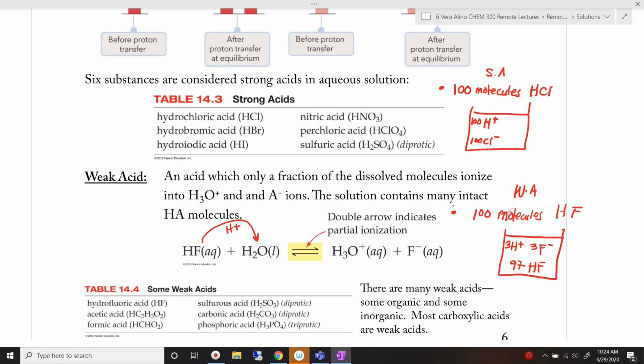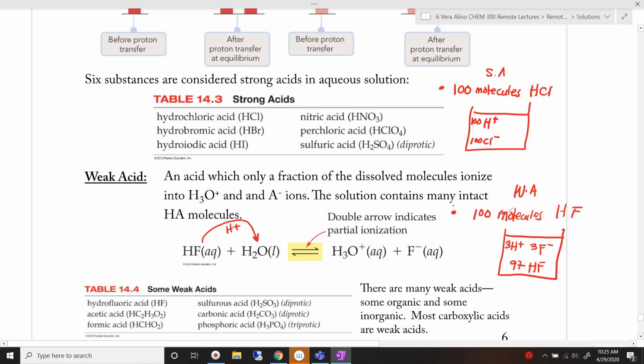So 100 molecules of HCl will give you 100 H+ ions. However, if you drop 100 molecules of HF, it will only give you 3 hydrogen ions. So the acidity of HF is relatively weak, even if you placed the same amount into your water. Isn't that interesting?